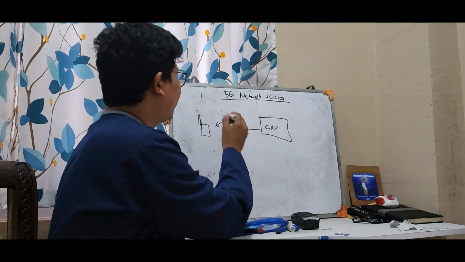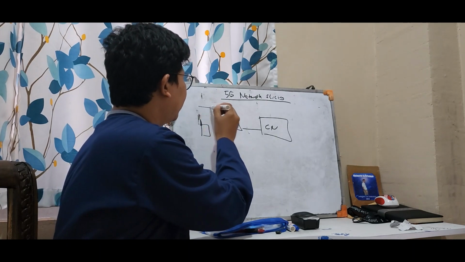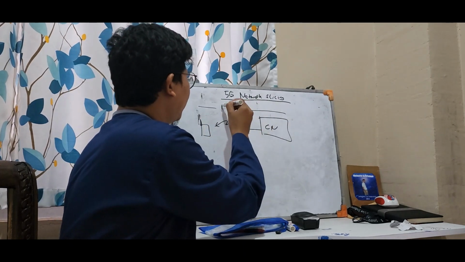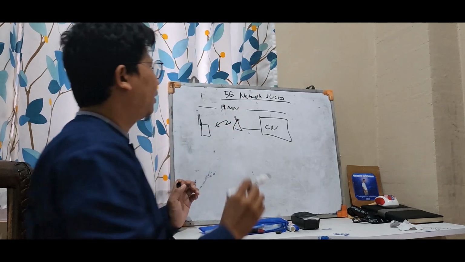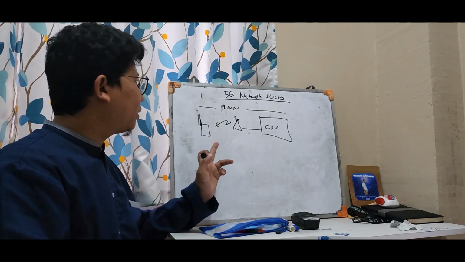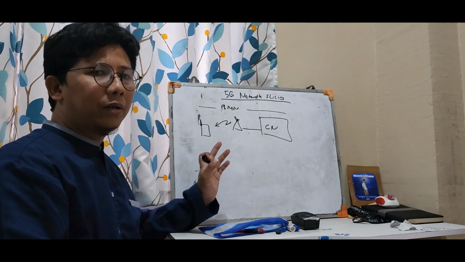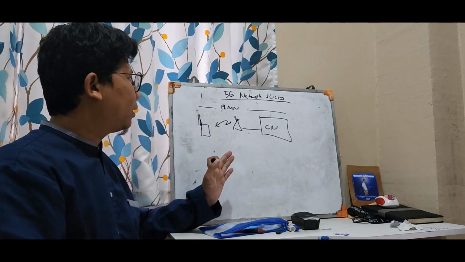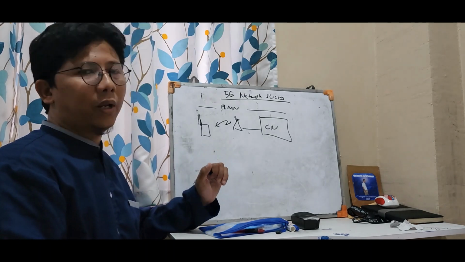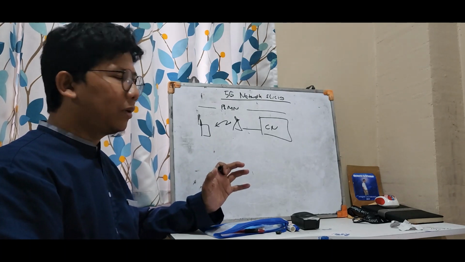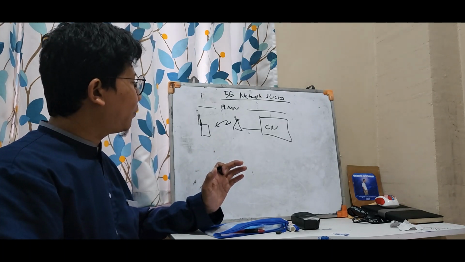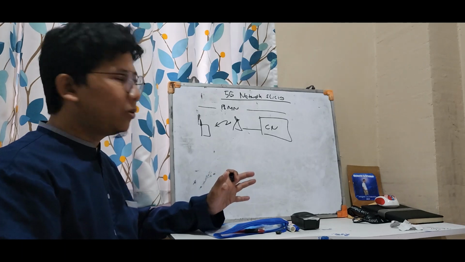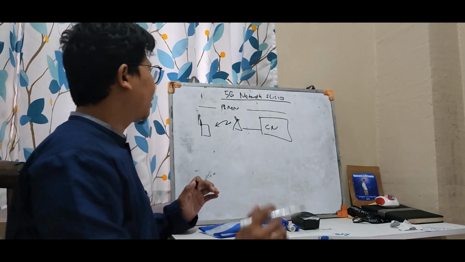So this is one P element. Okay. How can we make a different slice or different dedicated resources in one P element? It is only in 5G network that we can do network slicing.